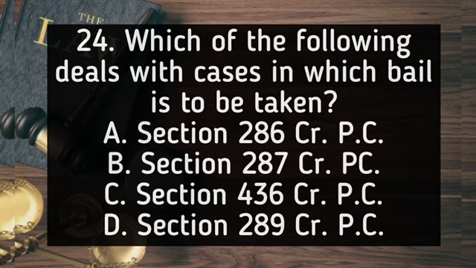Next question states, which of the following deals with cases in which bail is to be taken? Section 286 CrPC, Section 287 CrPC, Section 436 CrPC or Section 289 CrPC. And our answer to this question is Section 436 CrPC.